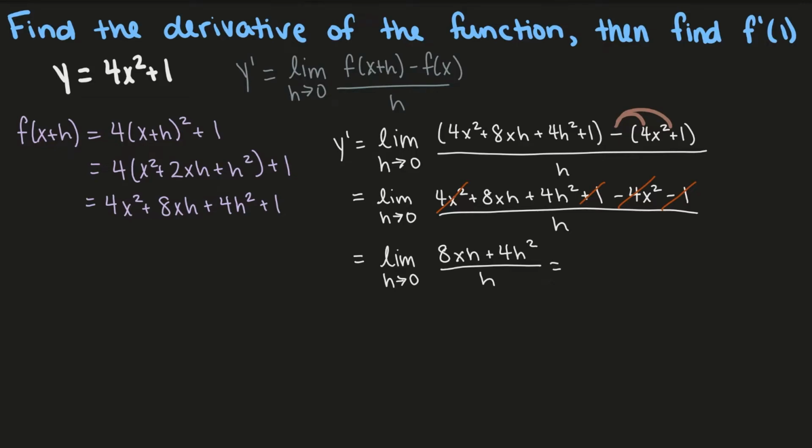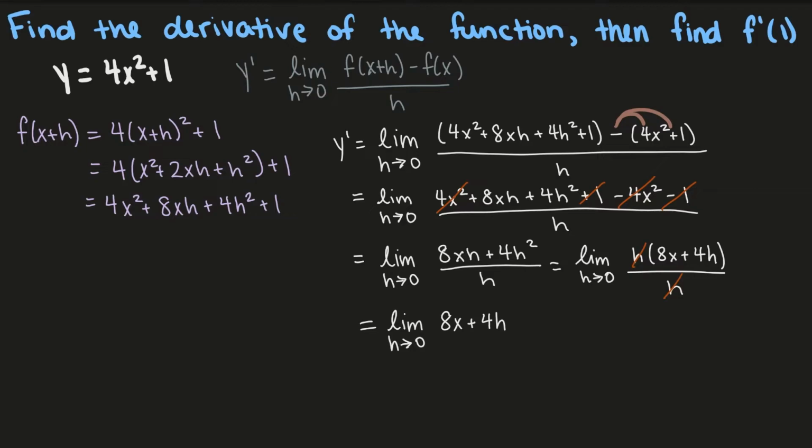So this will become the limit as h goes to 0 of h times 8x plus 4h all over h. Now our h's in our numerator and denominator will cancel. So this is going to give us the limit as h goes to 0 of 8x plus 4h.